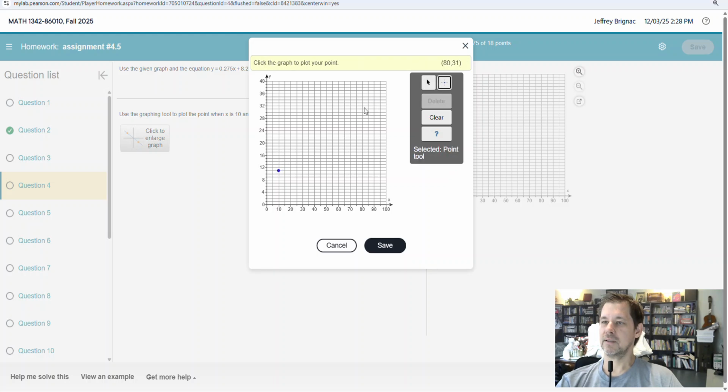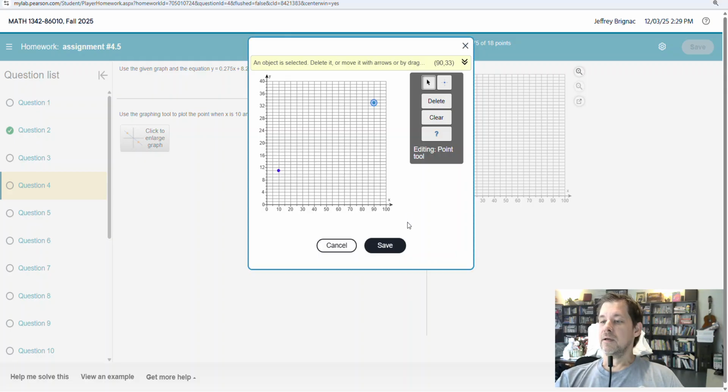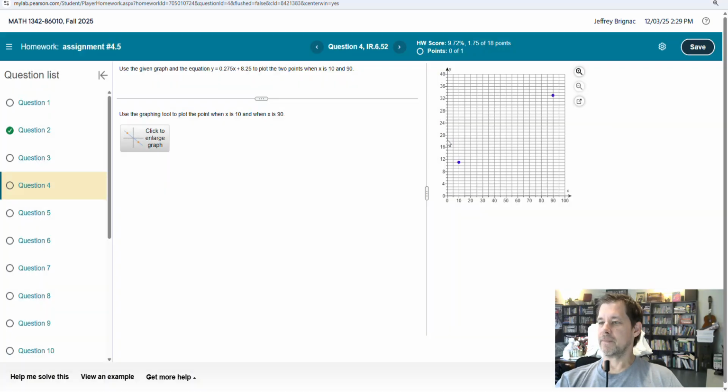I'm going to have to be very careful if my hand is a little shaky. There we go. All right, there it is. Right 90, up 33. Okay, so those are my 2 points, and you can see that a line does form between them if I have 2 points.